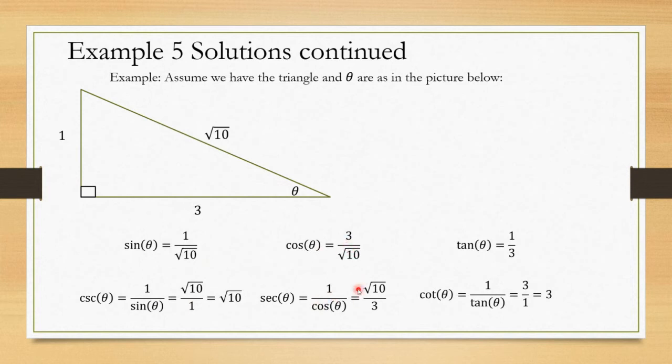So this becomes radical 10 over 3. And finally, we know tangent's a third. Cotangent is 1 over tangent, which means you flip tangent. So you get 3 over 1, which is just 3. So that's what we get here. All right, any questions on that?